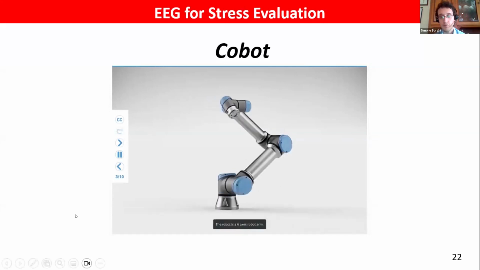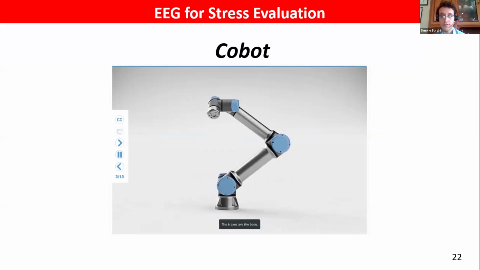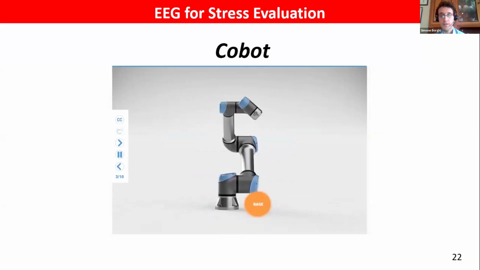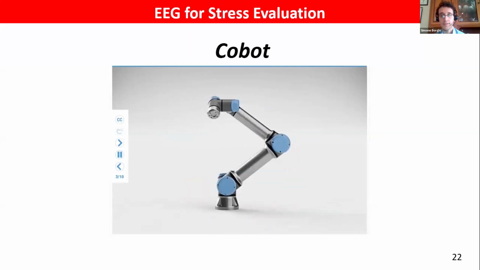Cobots such as the UR10 with six degrees of freedom, shown in the figure, possess several notable characteristics that make them valuable in several industrial contexts, such as safety toward humans, user-friendliness, flexibility, and adaptability.